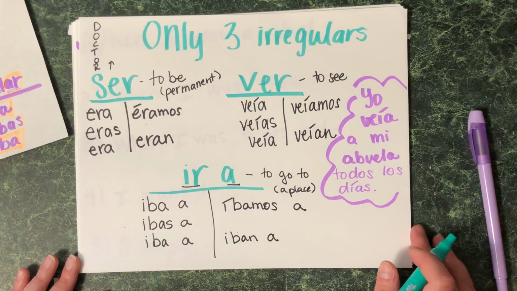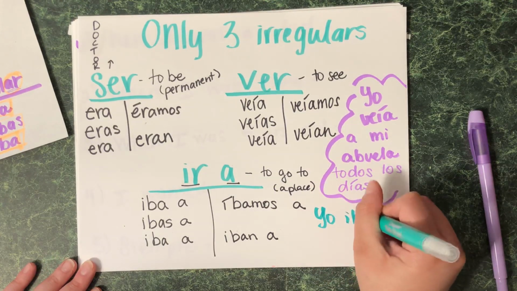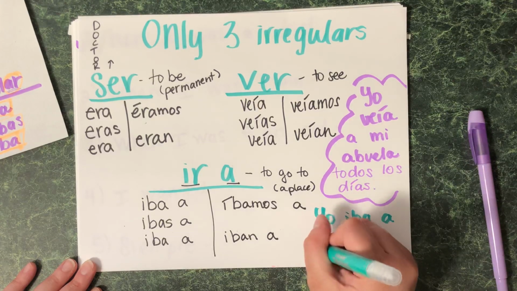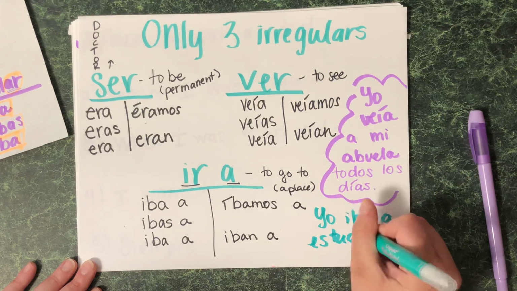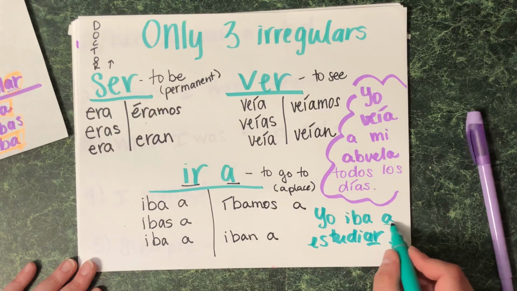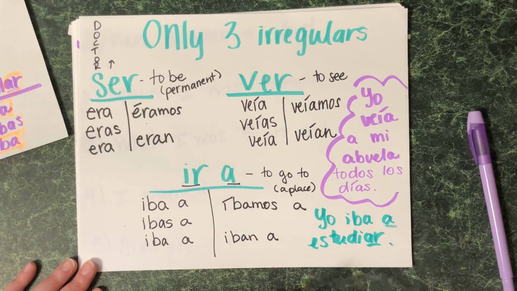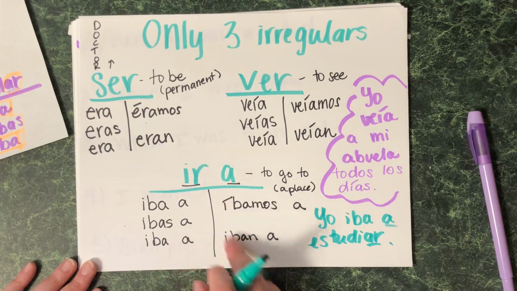Example, I was going to study. Yo iba a estudiar. Was going to study. You have to put the A, okay? Sometimes the A doesn't translate, but you have to have it. Combo loco, 2 for the price of 1.